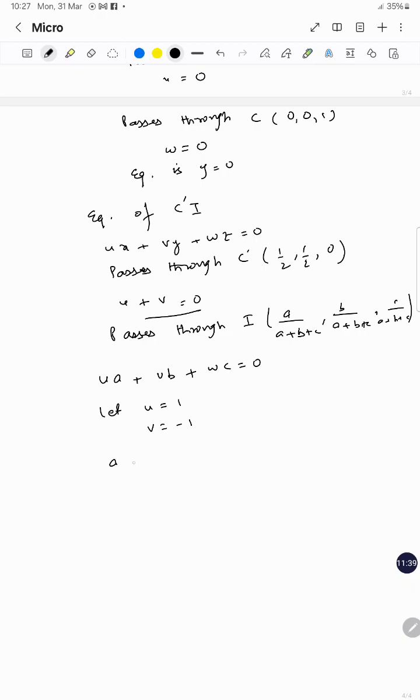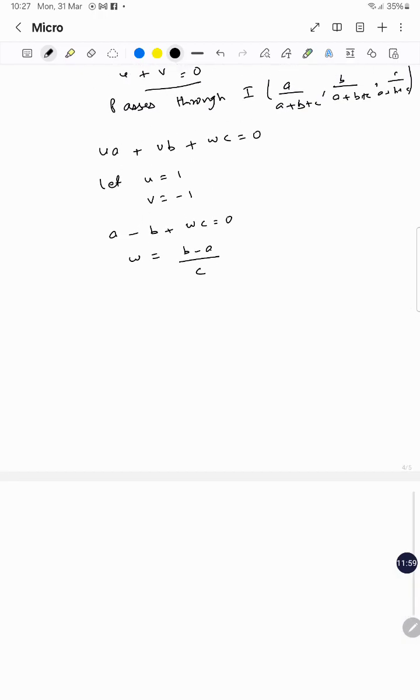So we get a minus b plus wc equals 0, so w is equal to b minus a upon c. So the equation of line C prime I is x minus y plus b minus a upon c, z equal to 0.